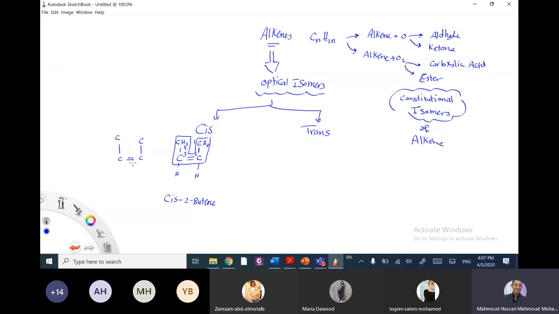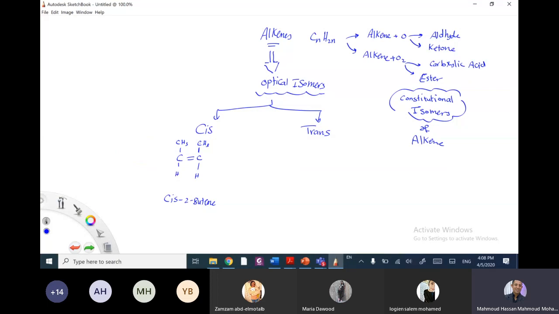The double bond is between carbon atom number 2 and number 3, so we take the lowest numbering, so 2-butene. Cis means that the carbon atoms take the shape of a magnet, so we find the CH3 on this side and the other CH3 on this side. Okay, this is called cis-2-butene.